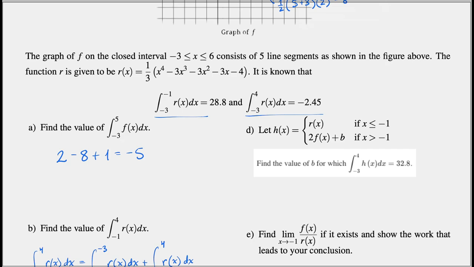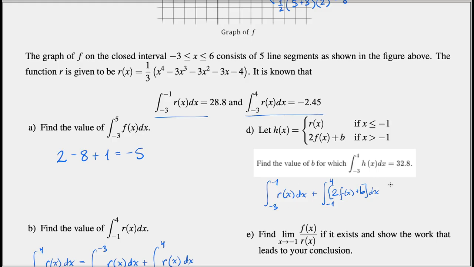We have the integral from negative 3 to 4 of h of x. We'll need to split it up as the integral from negative 3 to negative 1 of r of x dx, and then plus the integral from negative 1 to 4 of this 2f of x plus b.